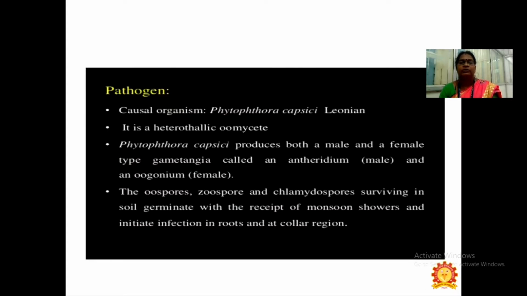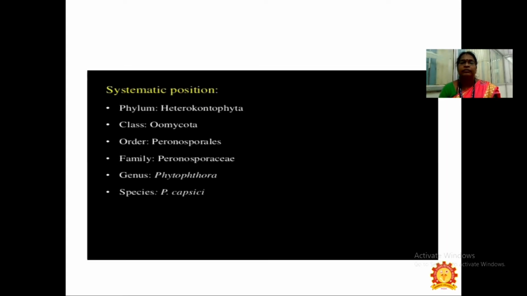The pathogen which causes the wilt is Phytophthora capsici, a heterothallic oomycete. Phytophthora capsici produces both male and female gametangia, the male called the antheridium and the female called the oogonium. The oospores, zoospores and chlamydospores surviving in the soil germinate with the receptive monsoon showers and initiate infection in the roots and at the collar region.